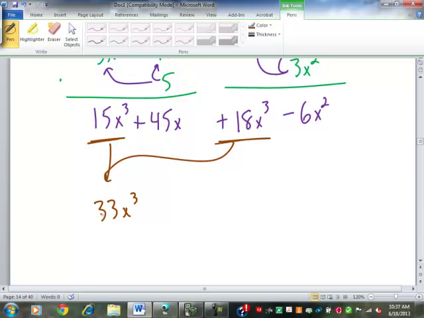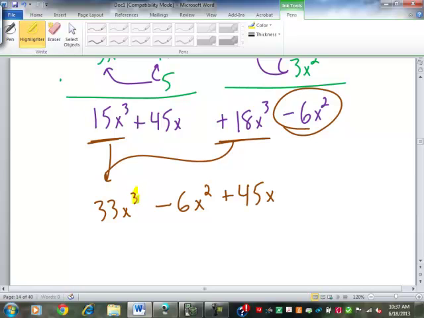Now, technically, which one should go next? It should go in descending order, so it should be negative 6x squared, and then the positive 45x. Descending order means largest power to smallest power. So 3, 2, 1. That's why the x squared, we moved that up here because it's a bigger power than just the x.